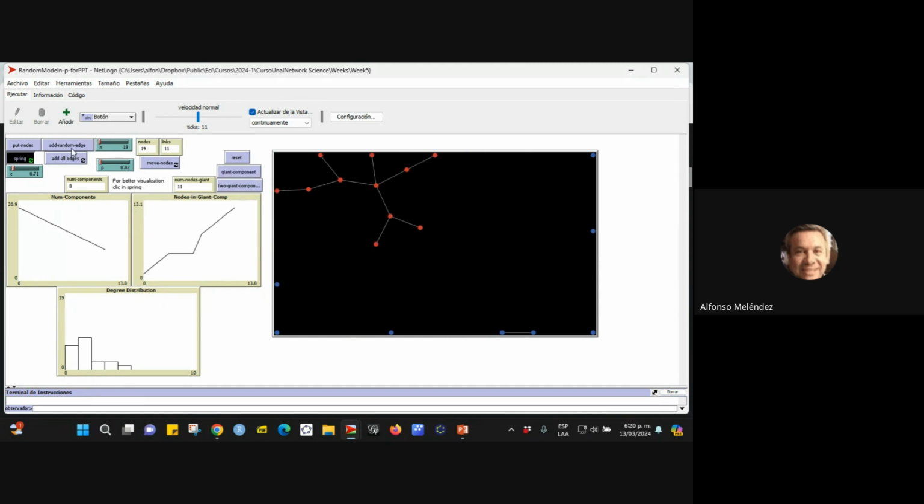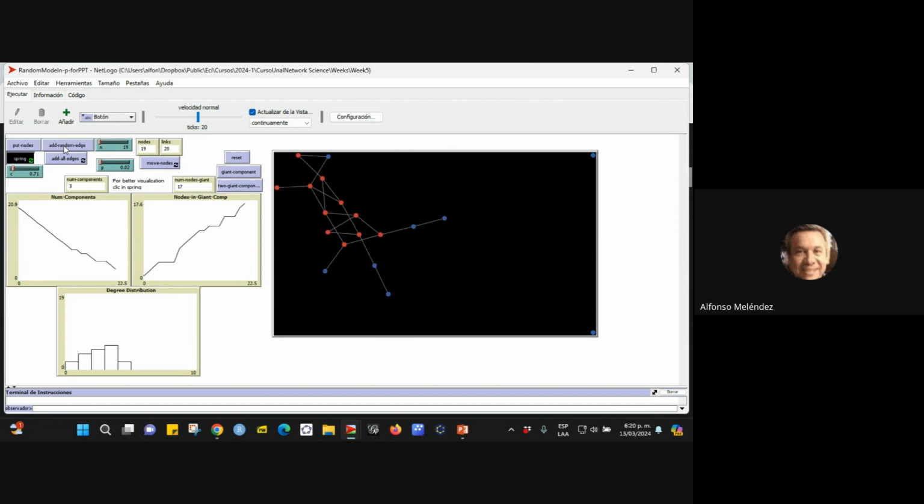And there's a moment when all the network becomes connected. Erdos and Renyi studied at what moment, how many edges one has to put on the network for the network to be connected. And they studied mathematically this process.